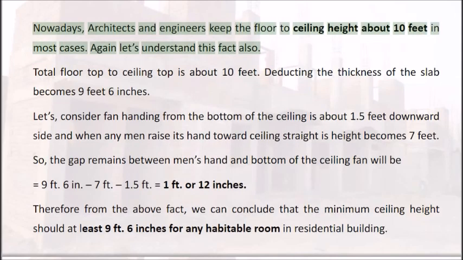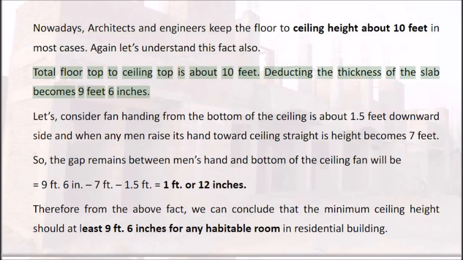Nowadays, architects and engineers keep the floor to ceiling height about 10 feet in most cases. Again, let's understand this fact also. Total floor top to ceiling top is about 10 feet. Deducting the thickness of the slab, it becomes 9 feet 6 inches.